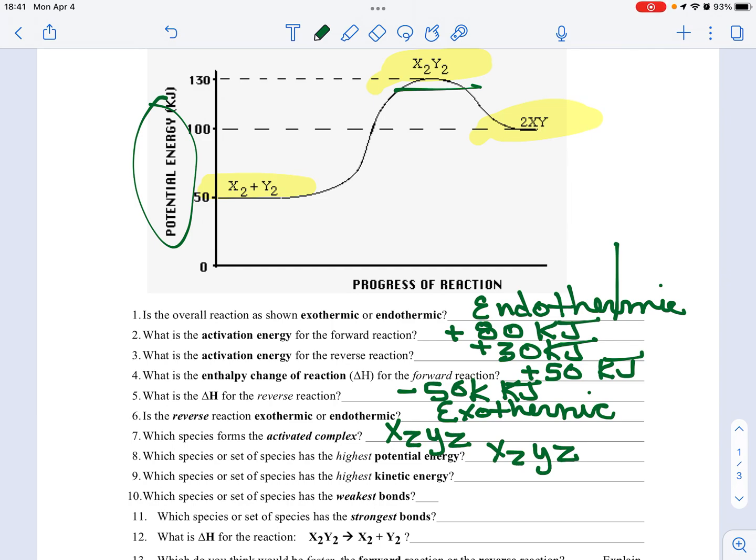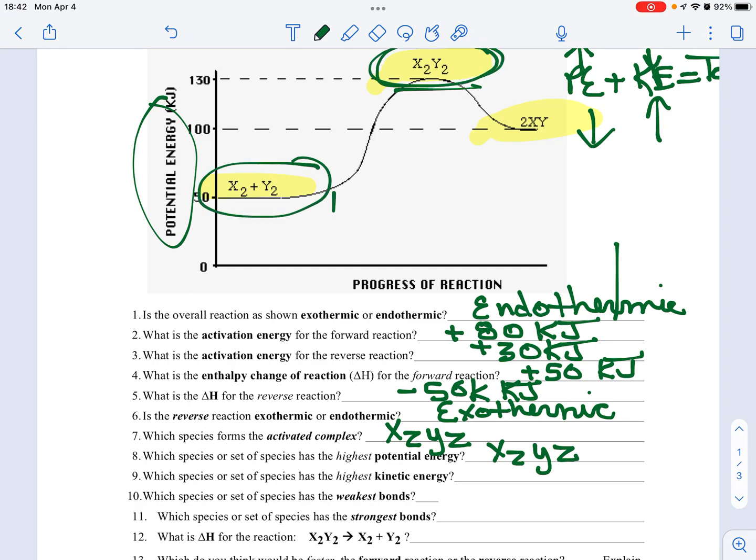Which set of species will have the highest kinetic energy? I'm going to make a little note up here. The sum of kinetic energy and potential energy equals our total mechanical energy. So as potential energy goes up, kinetic energy goes down. As kinetic energy goes up, potential goes down. So if my highest potential energy is right here, this is my lowest potential energy.